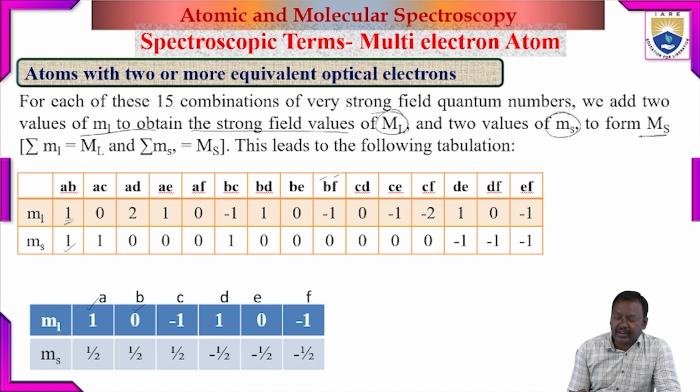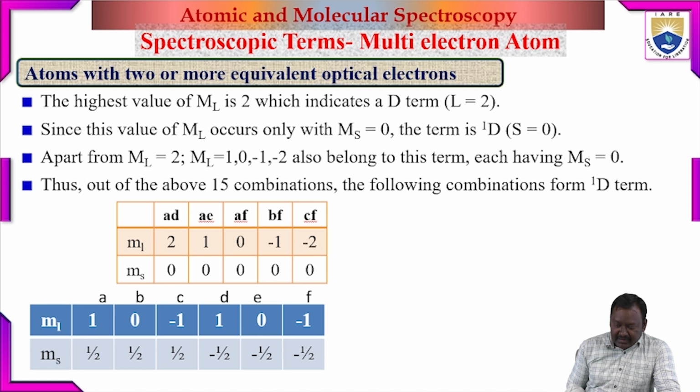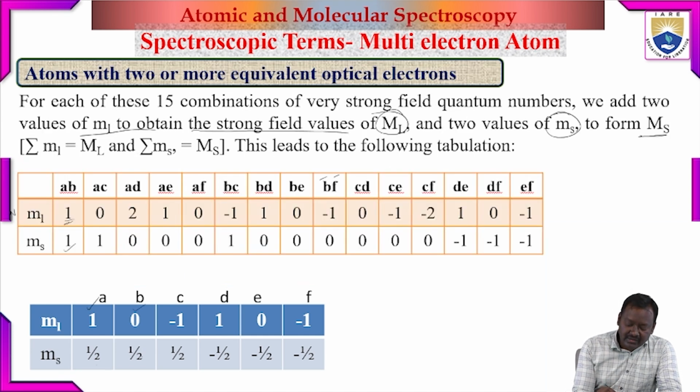Like this we are getting all the values. If you observe all these values, these are ml and these are ms. Among all these values of ml, the highest ml value is 2.